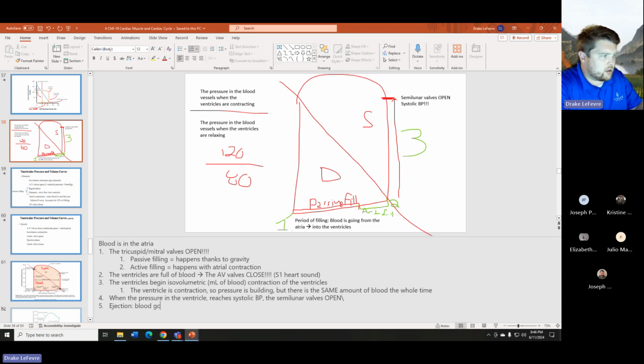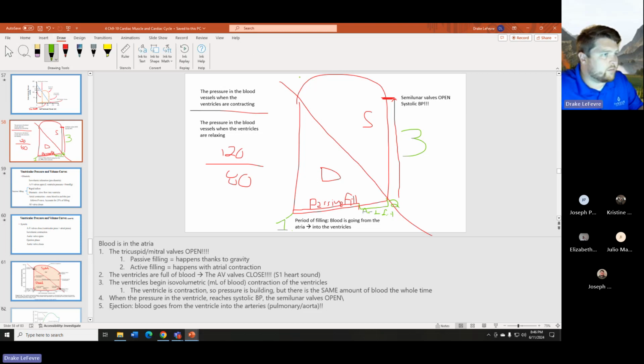This is when blood goes from the ventricle into the arteries, specifically the pulmonary arteries or the aorta. Boom. This is 4 right there, and this is 5. Now all of the blood leaves the ventricle. It gets squeezed out, gets pushed through.